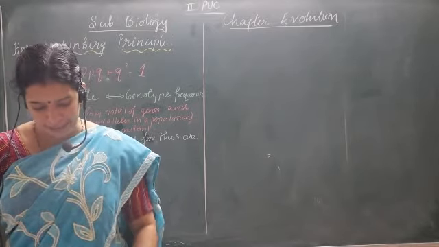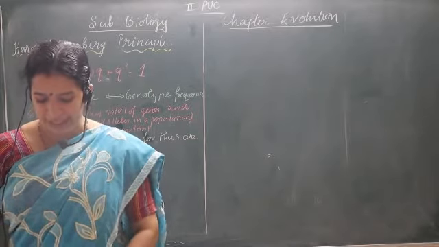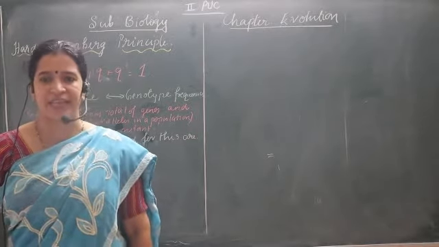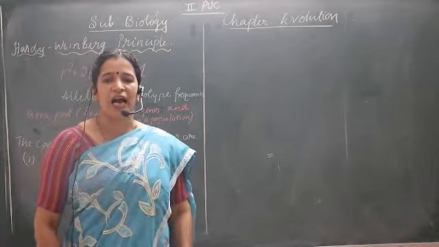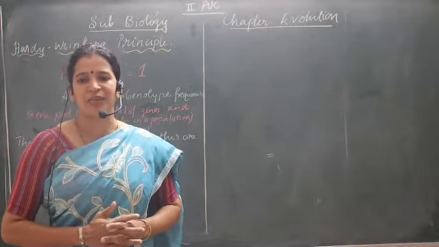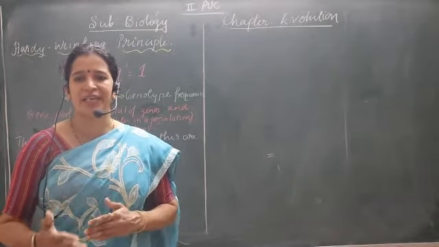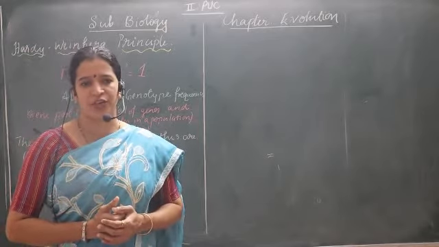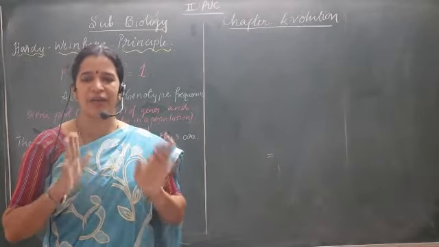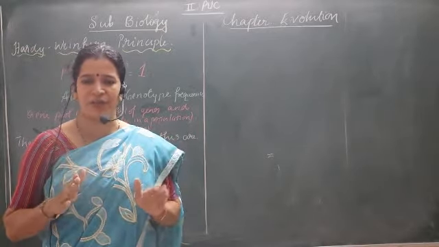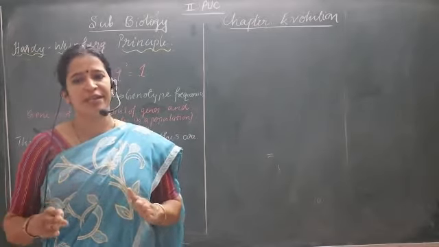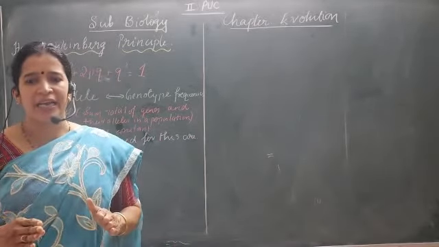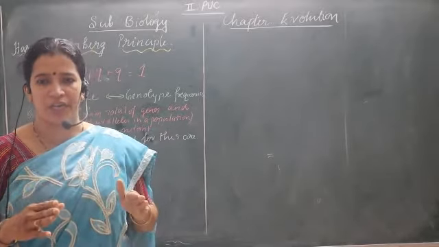The definition is that allelic frequencies in a population are stable and remain constant from one generation to the next generation in sexually reproducing organisms.